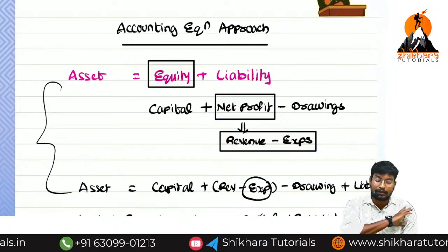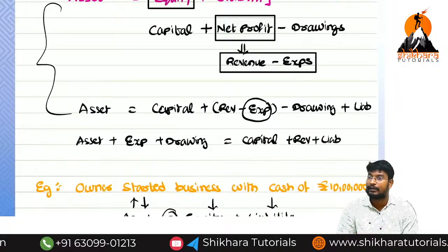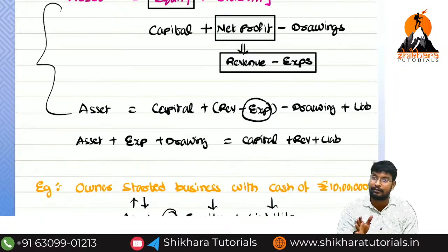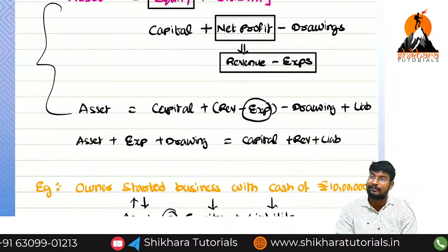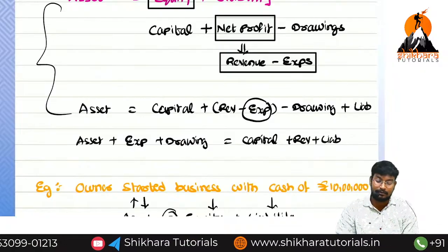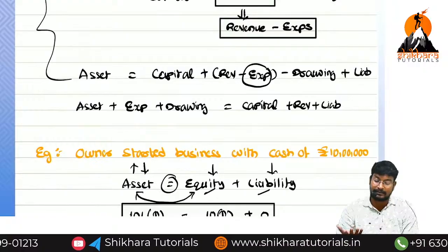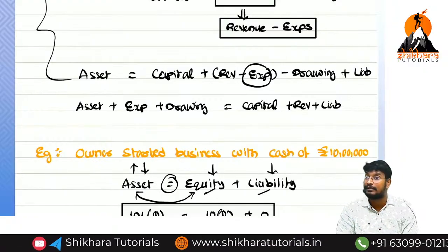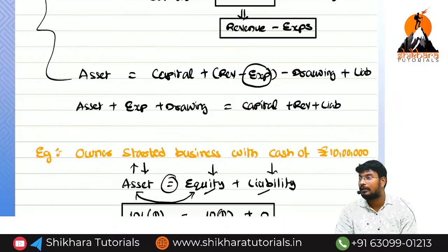So the total overall equation: Asset equals capital plus revenue minus expenses minus drawings plus liabilities. That equation they record as: asset plus expenses plus drawings equals capital plus revenue plus liabilities. So this is the overall equation.